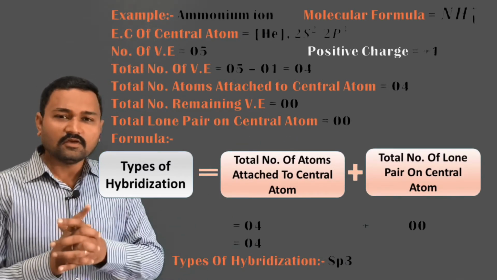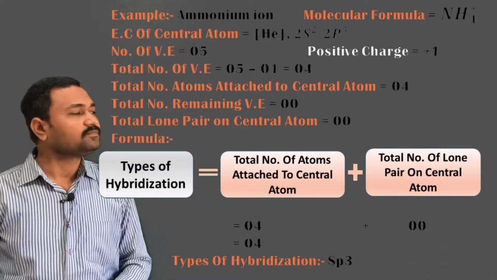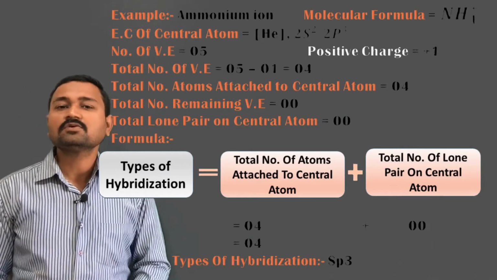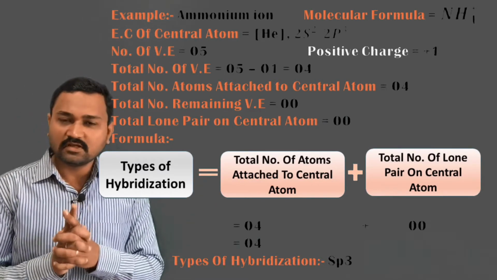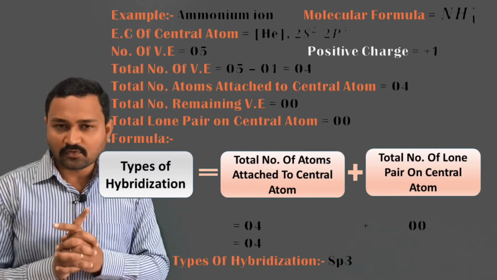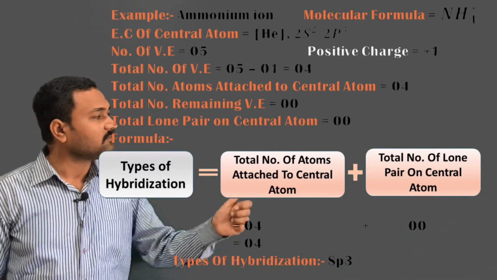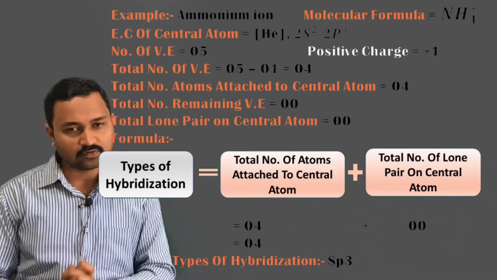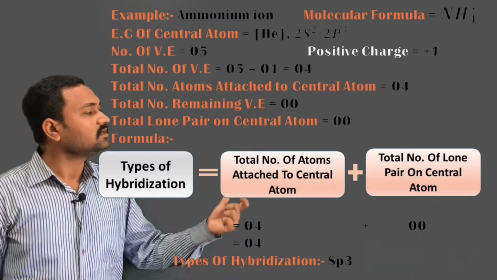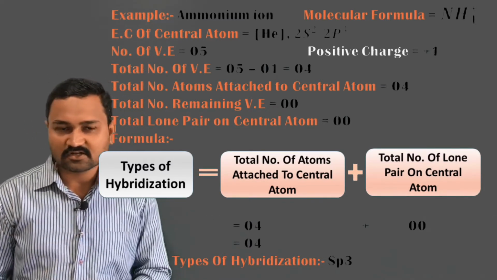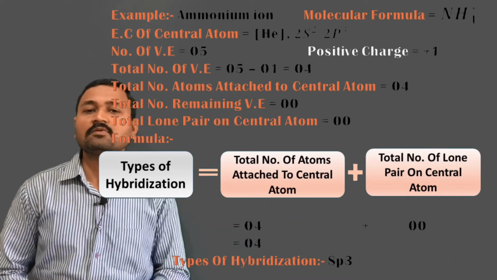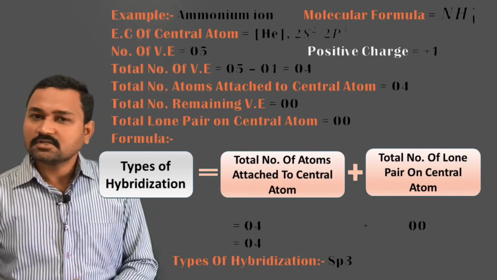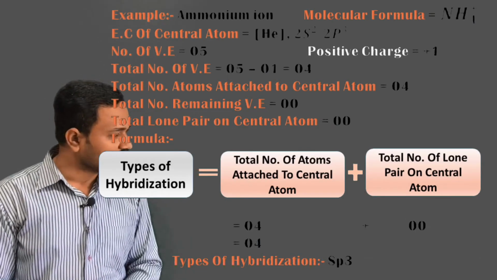If we have to predict the type of hybridization, we have a simple formula. We consider the total number of atoms attached to the central atom plus the total number of lone pairs of electrons on the central atom. Here the total number of atoms attached to the central atom is 4, while the total number of lone pairs is 0.